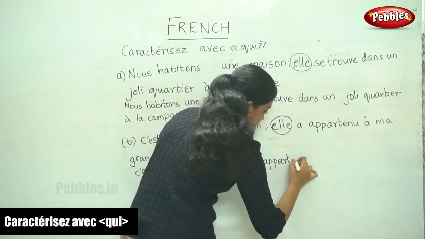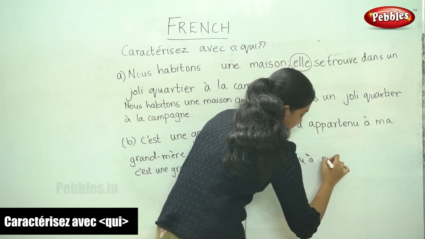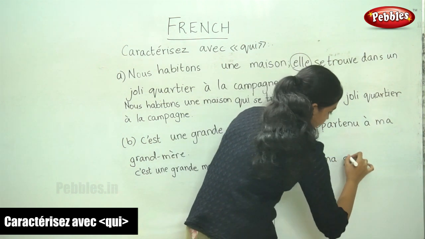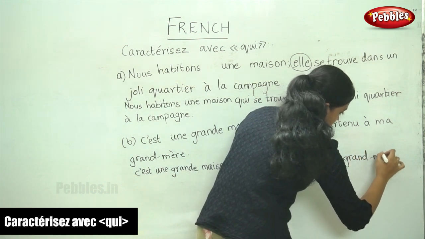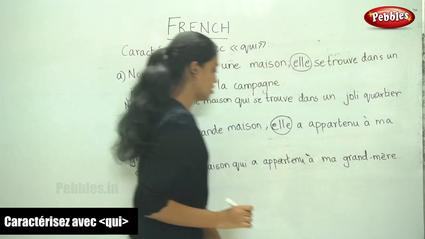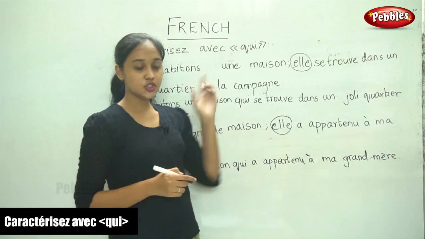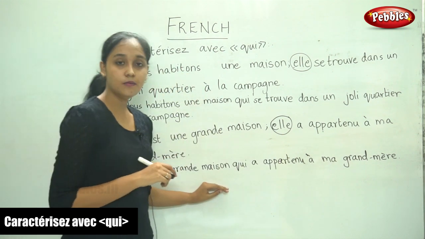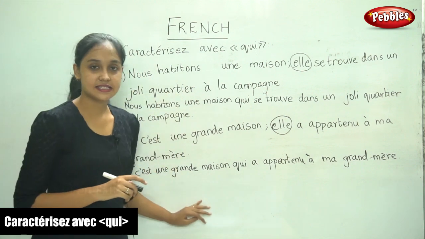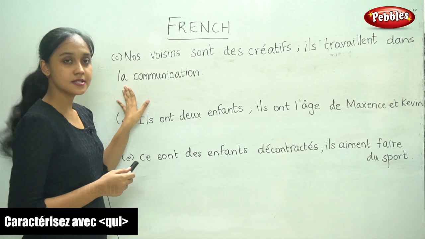Qui a appartenu à ma grand-mère. So this is how we use the word qui to relate two sentences. So we have some more sentences in this exercise. So let us continue. Moving on to the next sentence.